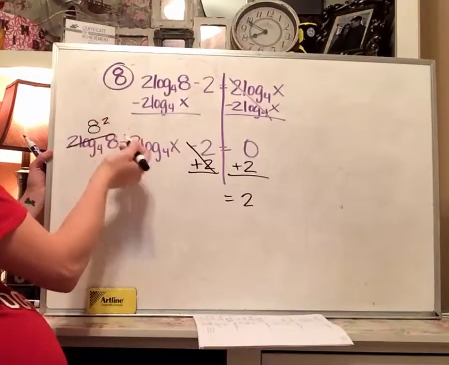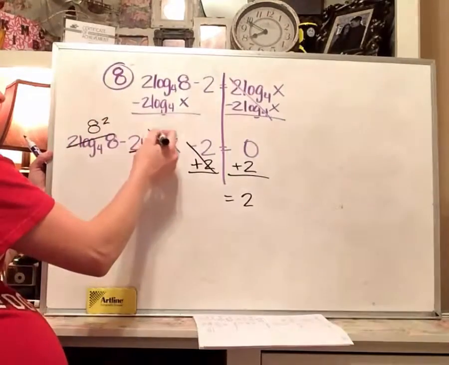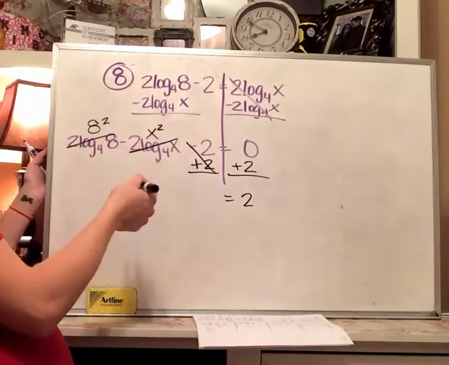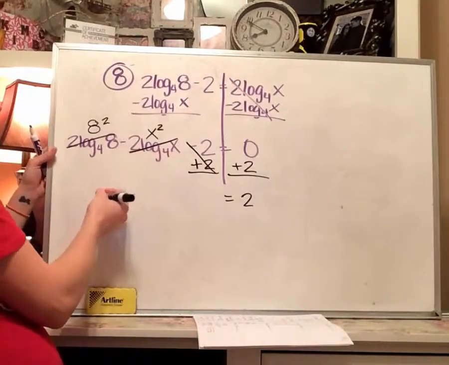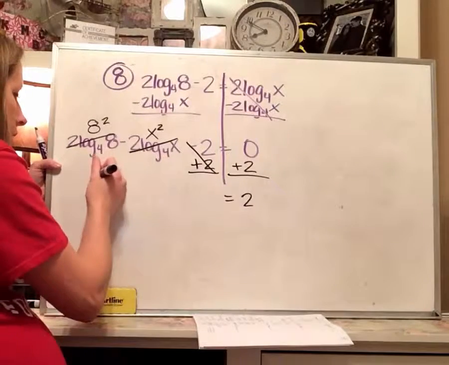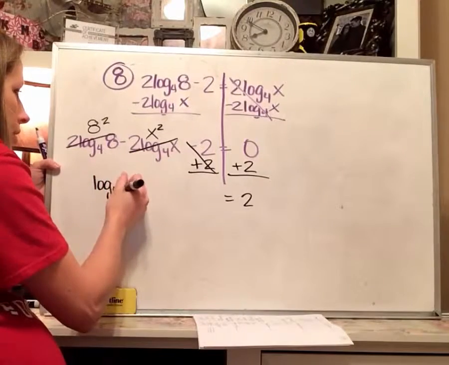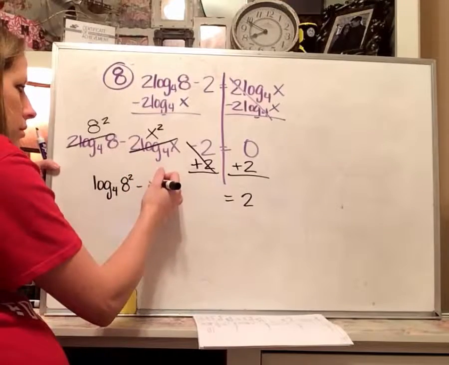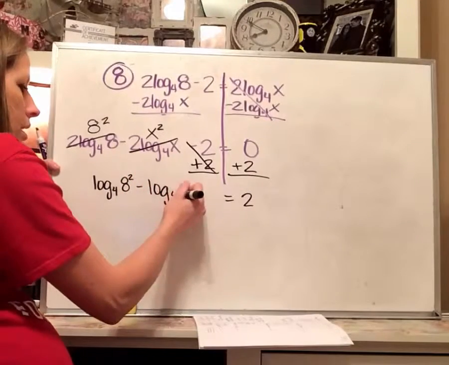So that would be 8 squared. Remember, if you have a number in front, that's like your exponent. So this would be x squared. So I have log base 4 of 8 squared minus log base 4 of x squared.